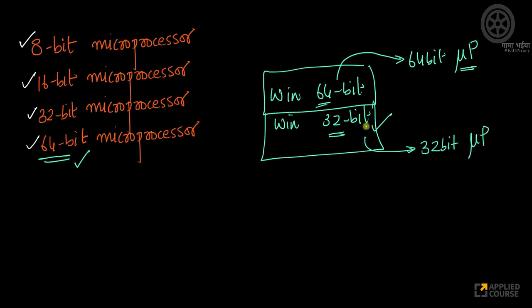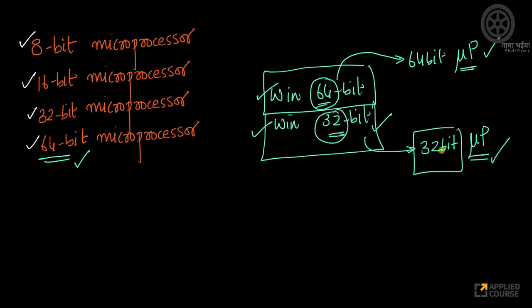Similarly, even software that is written for 64-bit may not work on 32-bit and vice versa. Right? So when you're installing Windows 64-bit, you need a 64-bit microprocessor to work. Again, there are ways to make 32-bit Windows work on a 64-bit processor also. But typically, it's always optimal to install Windows 64-bit on a 64-bit microprocessor, Windows 32-bit on a 32-bit microprocessor.